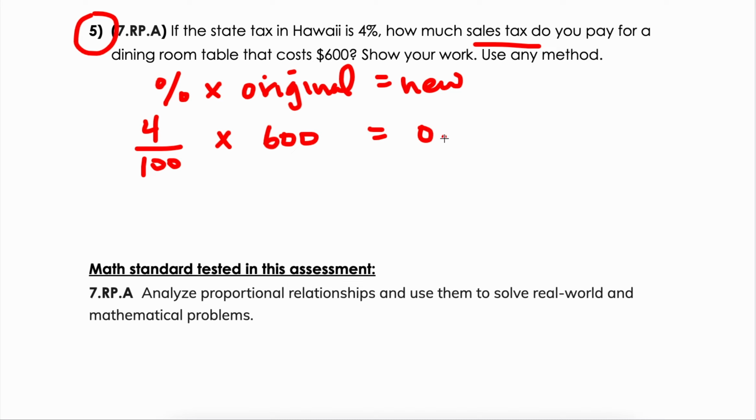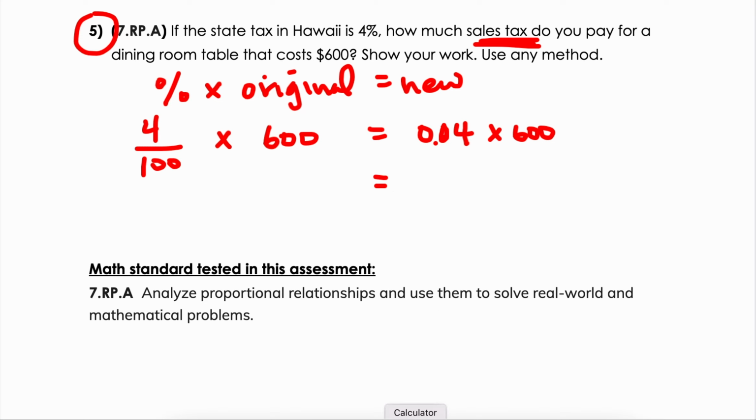So to figure out the sales tax, whoops, that's not 0.4, it's 0.04 times 600. Okay, because they just want the sales tax. They don't want the final bill with the sales tax added on to your dining room table. They just want to know how much that 4% is out of your total bill.